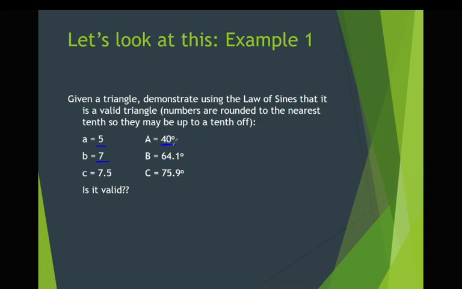Well, we could look at the angle values and the side lengths, but the best way is that the law of sines says that sine A divided by A has to be equal to sine B divided by B, which has to be equal to sine C divided by C. So basically, this sine of 40 degrees over 5 has to be equal to the sine of 64.1 degrees over 7, which has to be equal to sine of 75.9 degrees over 7.5.